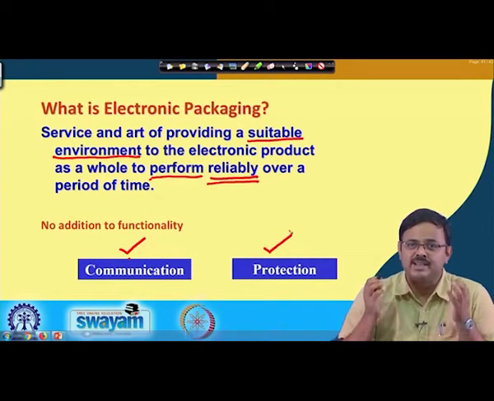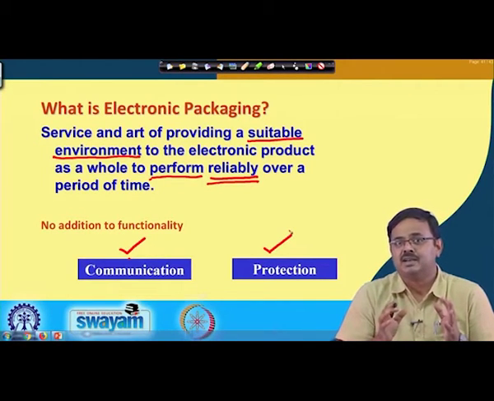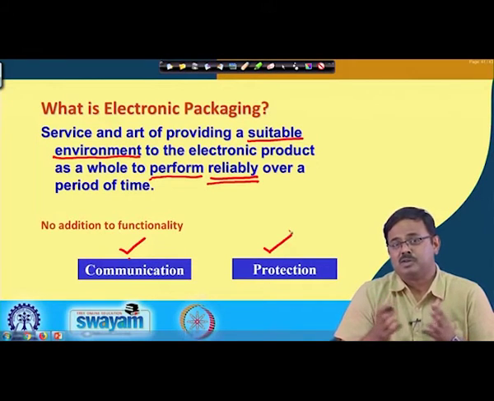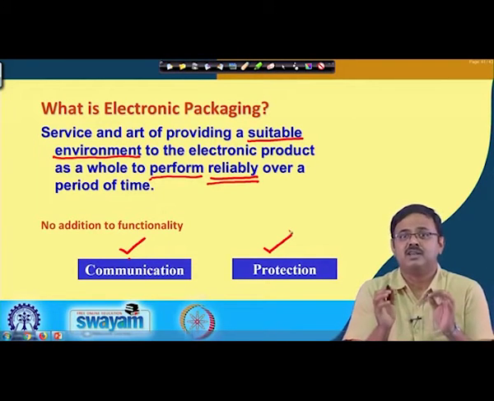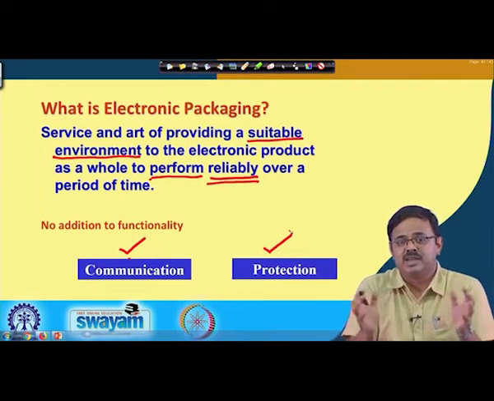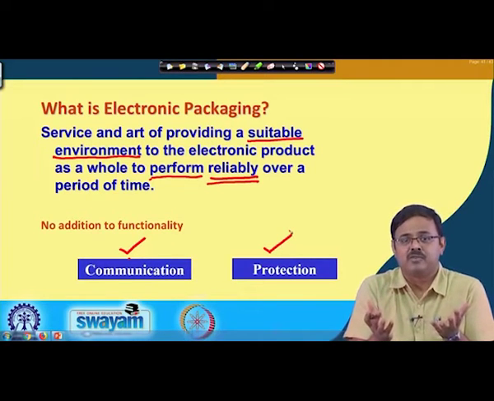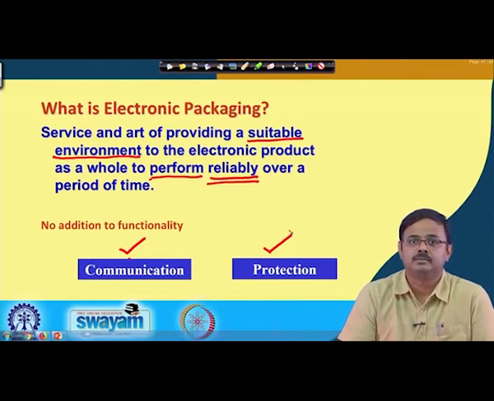And these are both extremely important, and the crux of converting a microarchitecture or a series of microchips, with their individual, maybe excellent microarchitectures, bringing them together and converting that into a system or a platform, and finally into a usable product that we use today. That is electronic packaging.